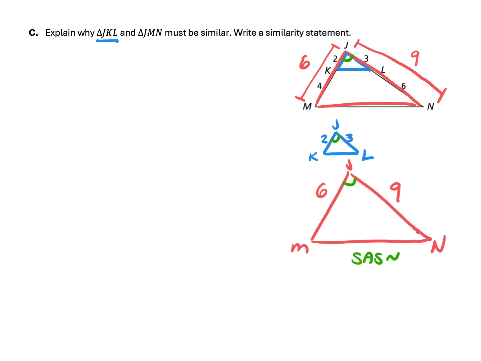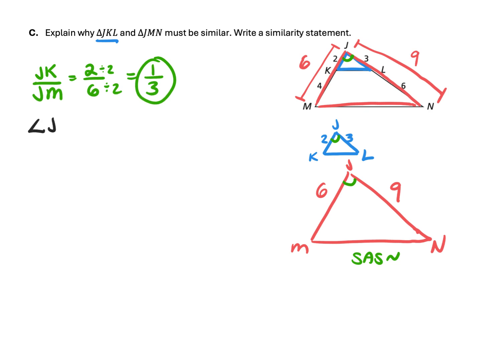Let's start, though, with the first one. So I'm going to start with the first pair of proportional sides. So notice that JK over JM is equal to 2 over 6. And if we divide by 2, that is equal to 1/3. Next, we have angle J that's congruent to itself.